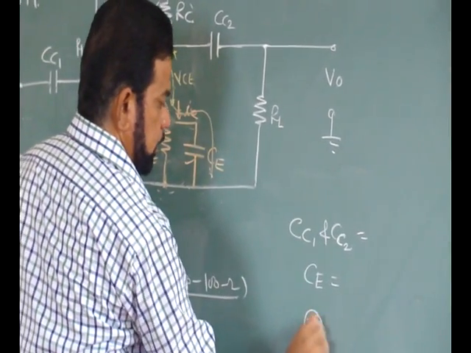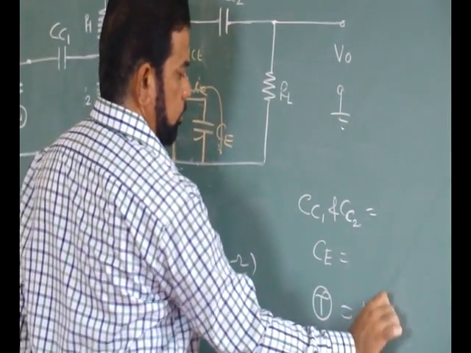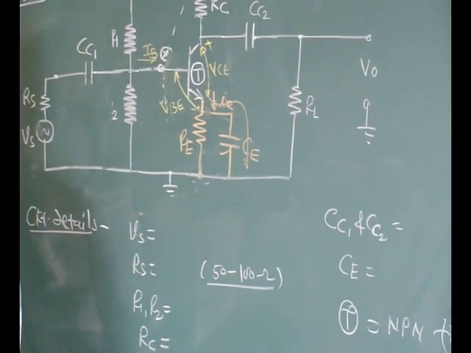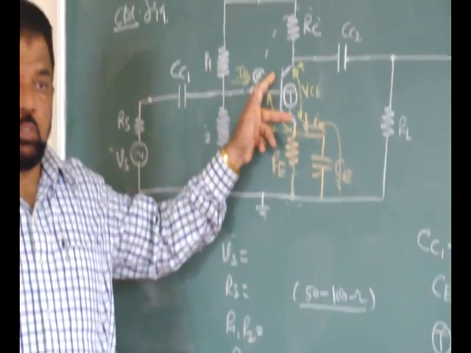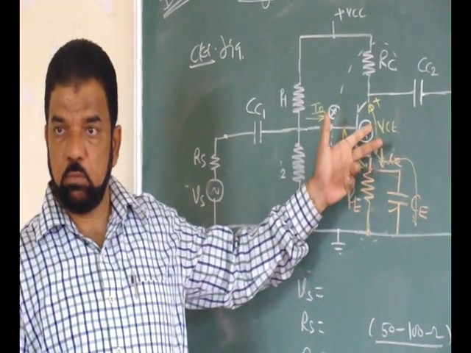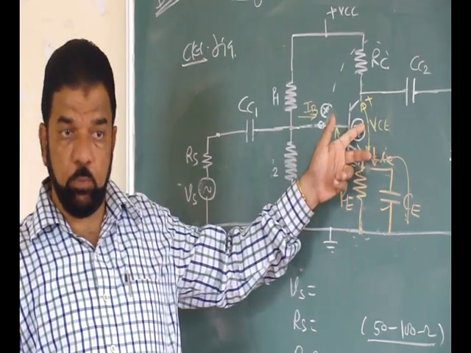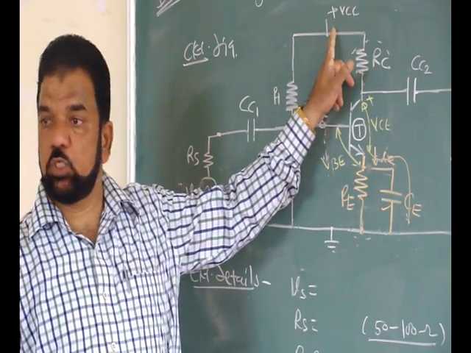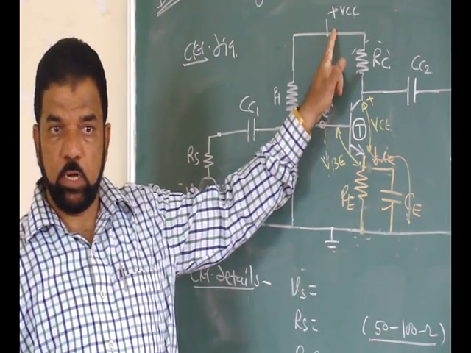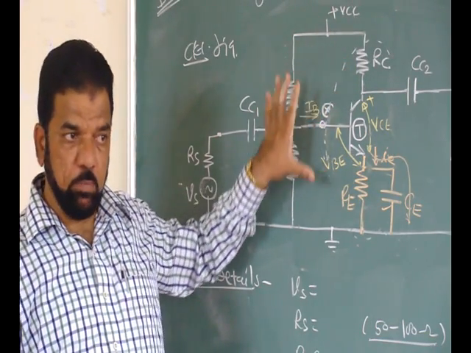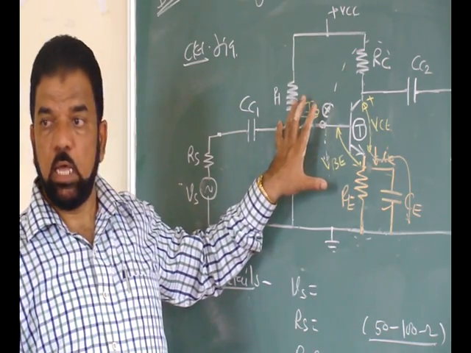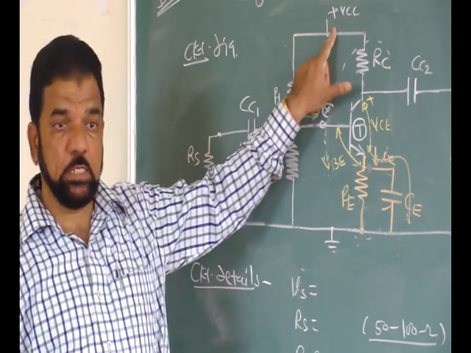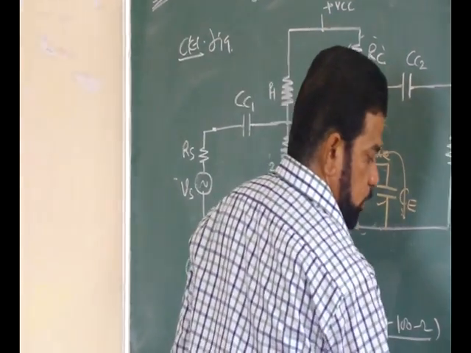And whatever T is there, that is the NPN transistor. If you select another number which corresponds to PNP, the only change you have to do is change the supply. With the same components, if the available transistor is PNP, you have to change the supply to minus VCC. And VCC is the power supply.